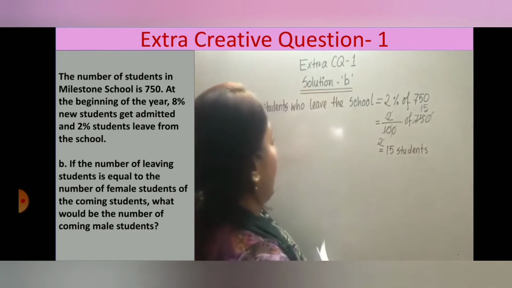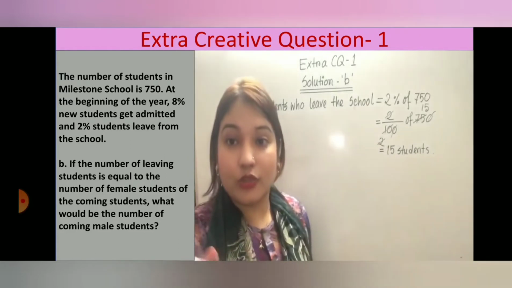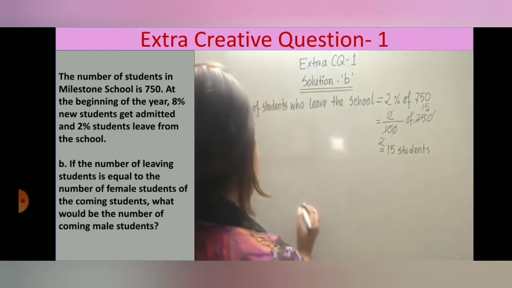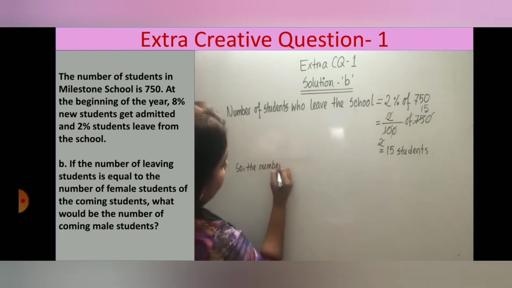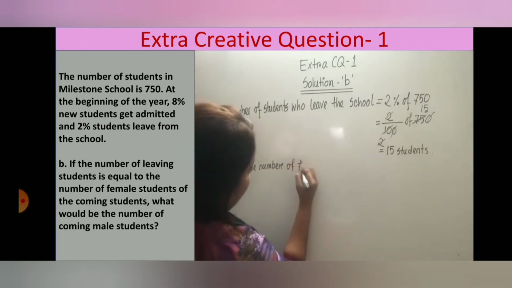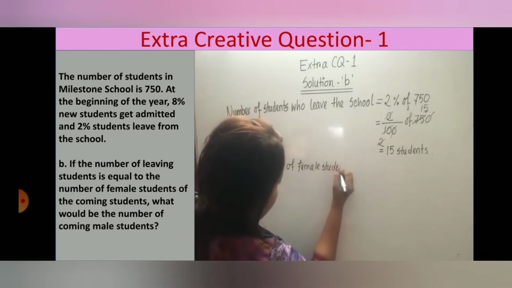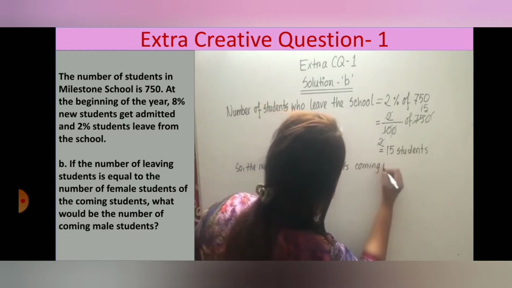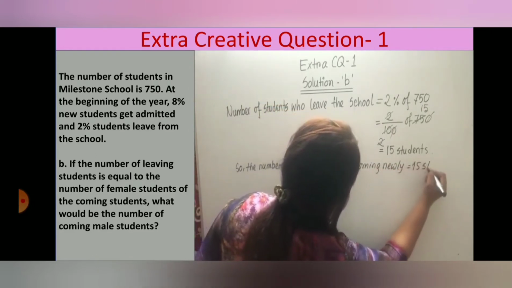So here, as this is the number of students that leave the school, it is equal to the number of female students who are coming to the school newly. So we can write it like so. The number of female students coming newly is 15 students.